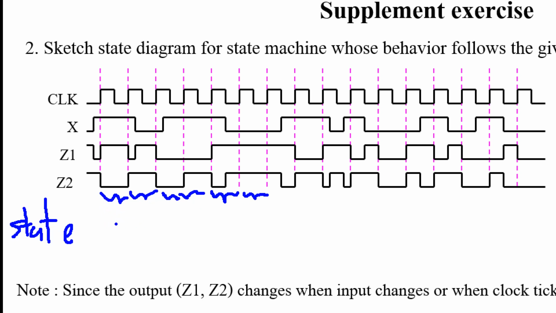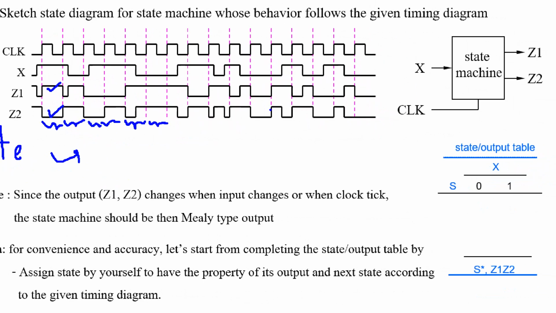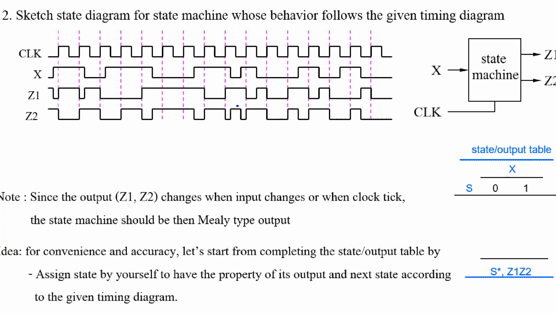And then for each state you must know two things, namely the output and the next state when completed. So I will prepare the state output table in this style. Okay, let's consider output. And here input changes.